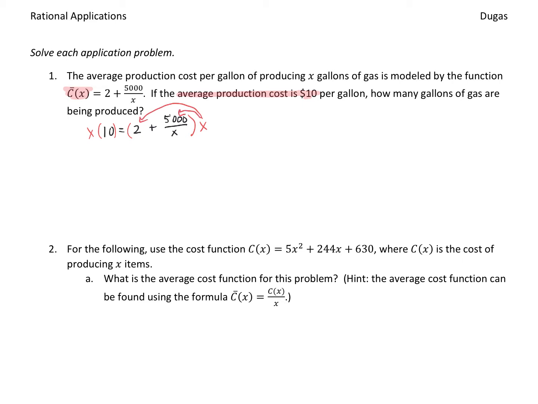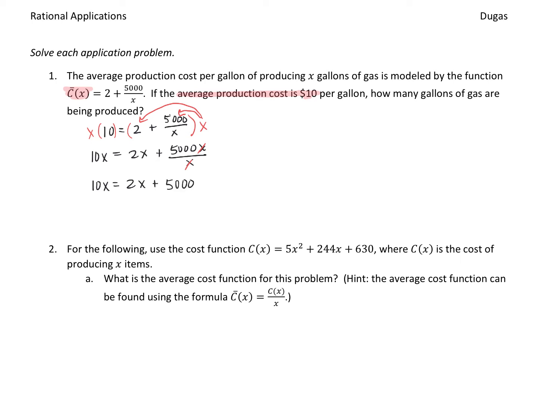So 10 times X is 10X is equal to 2 times X is 2X. And then the X's will actually cancel out. So if you want to see the step here, it'll be 5,000 X over X. So the X's cancel. So it ends up being 10X is equal to 2X plus 5,000.